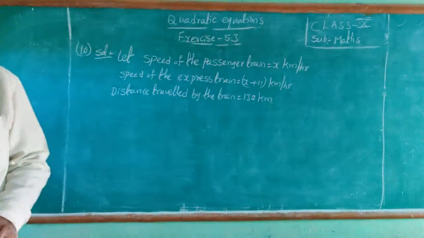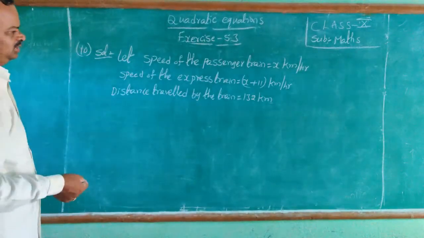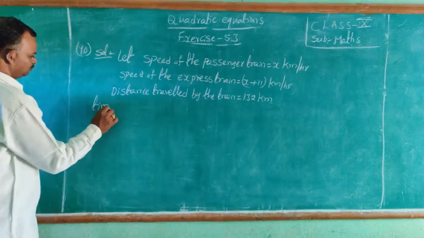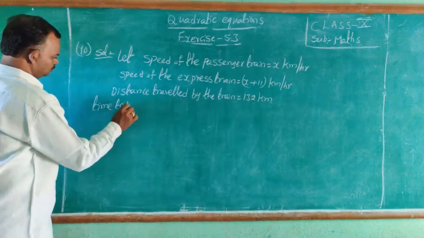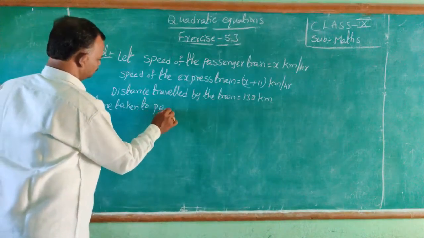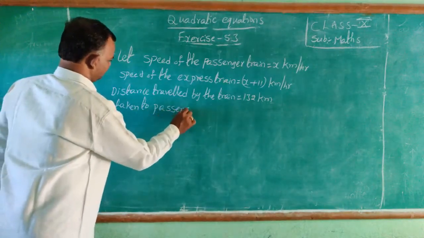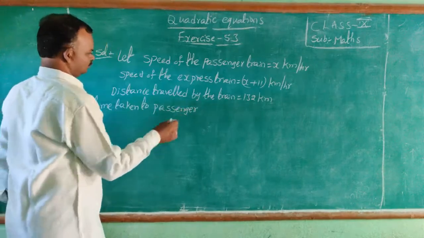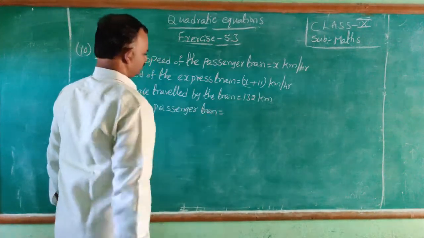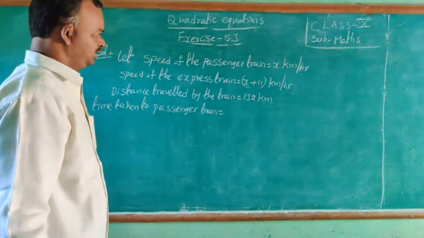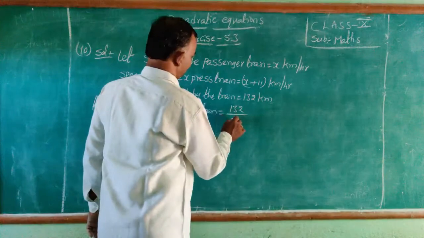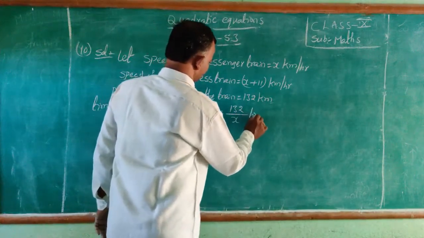Time t is equal to distance by speed, d by s. Time taken by passenger train is distance by speed, 132 by x hours.